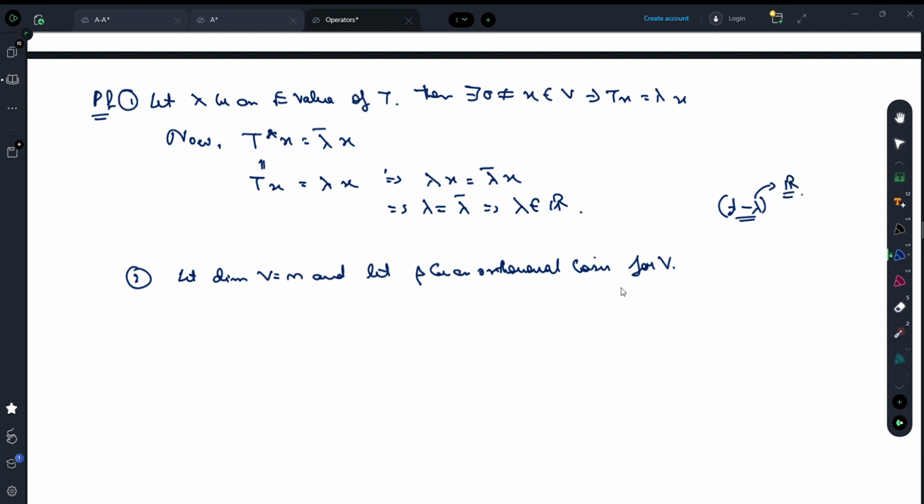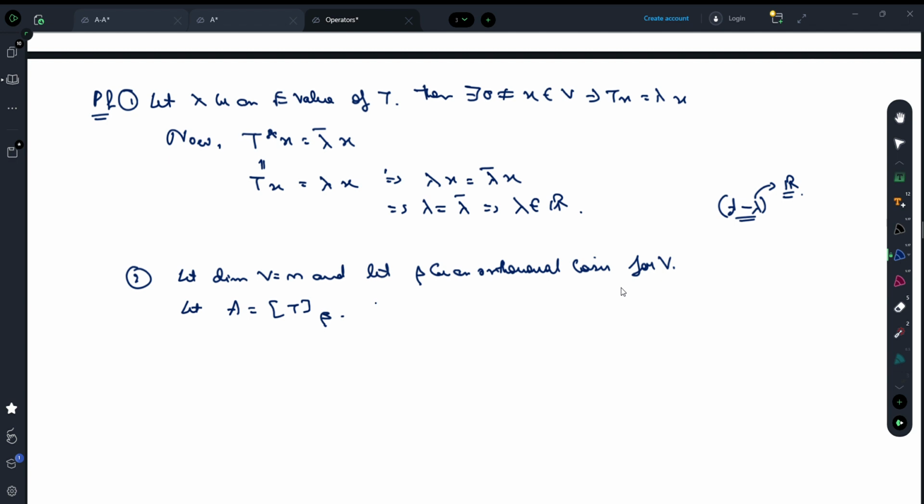Why can I do it? Because since I am talking about a self-adjoint operator, the eigenvalues will surely be real, right? And the characteristic polynomial simply gives the eigenvalues as roots. So that is an overview of this proof. Let beta be an orthonormal basis for V, and let A be the matrix of T with respect to beta.